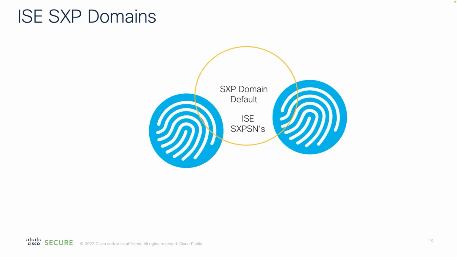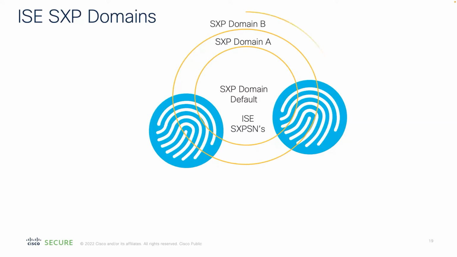If all the mappings you receive or create on ISE, you just want to send all of them to all of your devices, then you can just use the default domain. It's really just a space in ISE, the same as you create a space for routes on a network device. You call that a VRF. But it's just a different space for mappings, so you can add different domains.